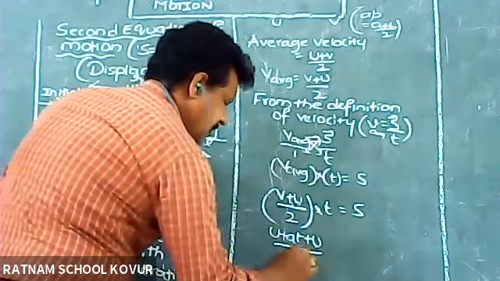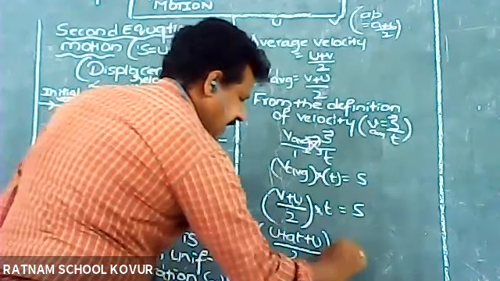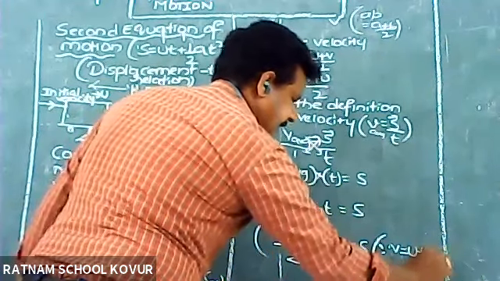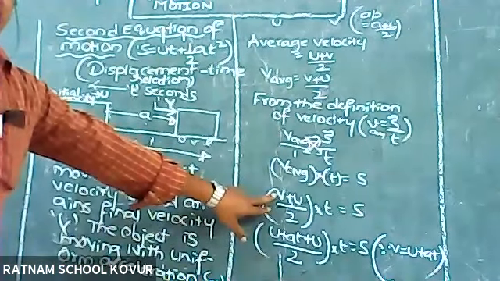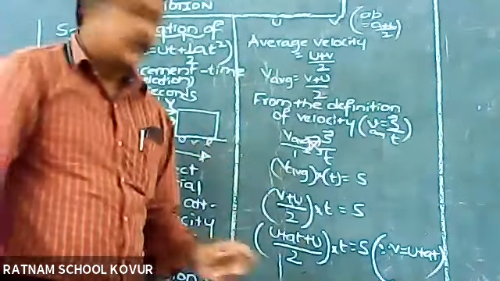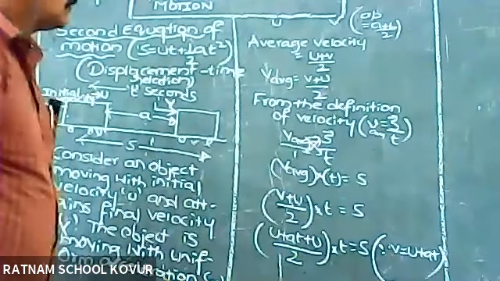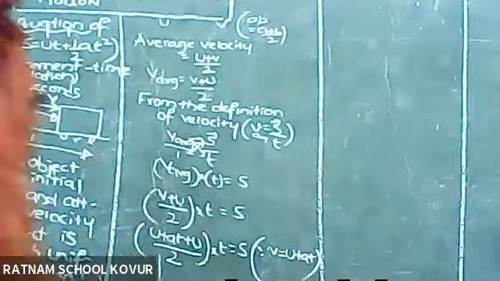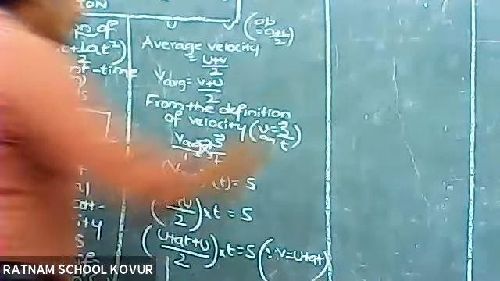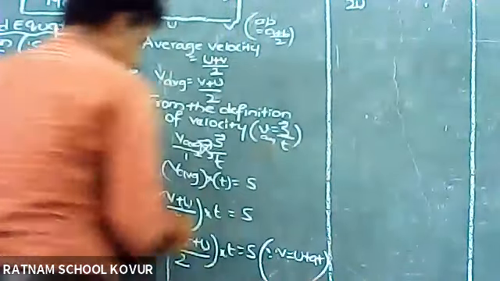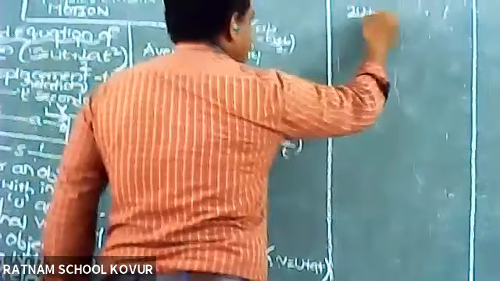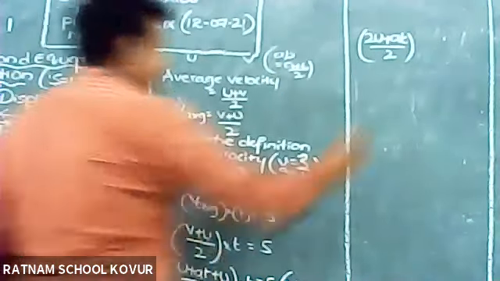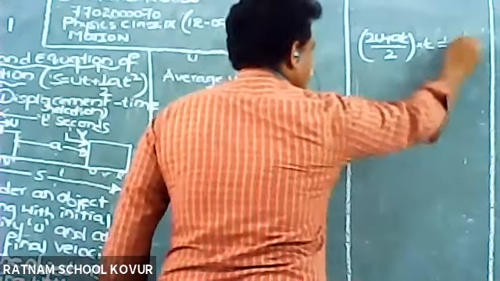So it becomes U plus AT plus U by 2 into T is equal to S. Now you see here, U plus U, 2U plus AT by 2 into T is equal to S.